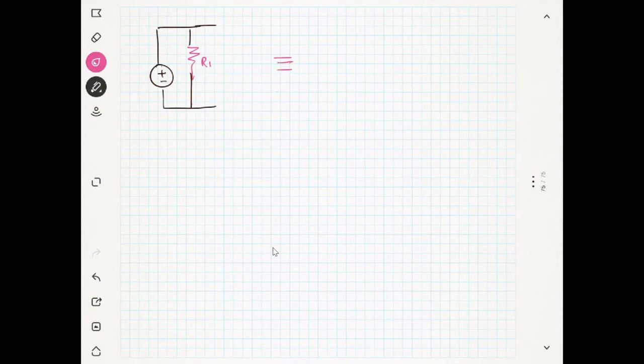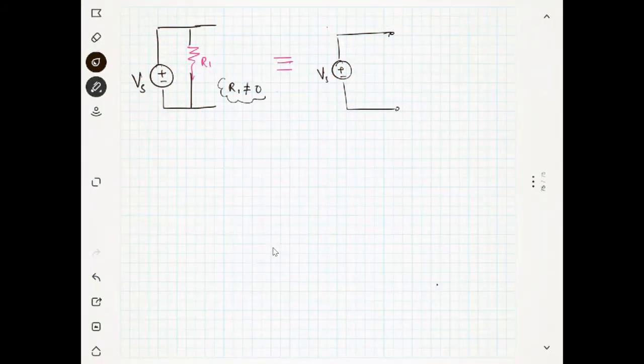In this case, it is equivalent to just a voltage source, which we can call Vs, like this. This is equivalent such that R1 equals 0 here. If R1 equals 0, then it will be a short circuit, and there will be a lot of issues that we will discuss later anyway.